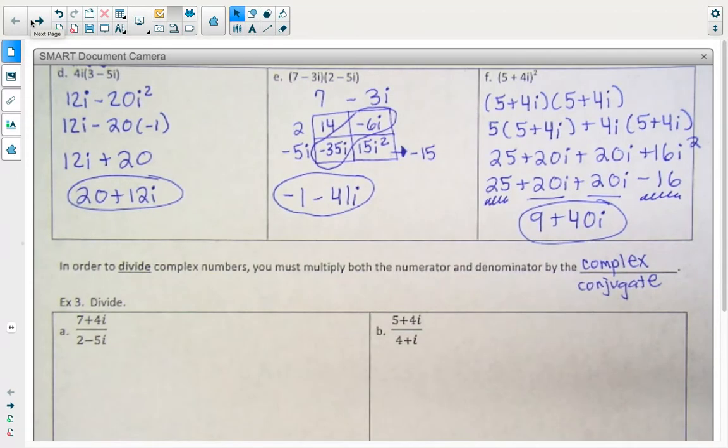Now, I know that sounds fancy, but all we're going to be doing is changing the sign that's in the middle of our complex numbers. The reason we do that is because it's going to get rid of the imaginary part of the problem when we multiply, and we're going to be left with only the real part. This process is called conjugation, and since we're working with complex numbers, it's called complex conjugation.